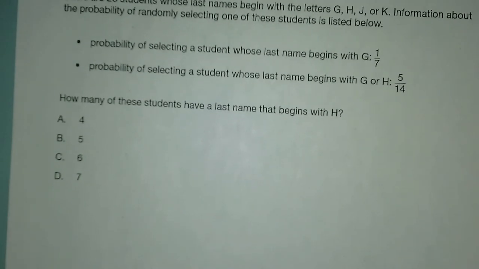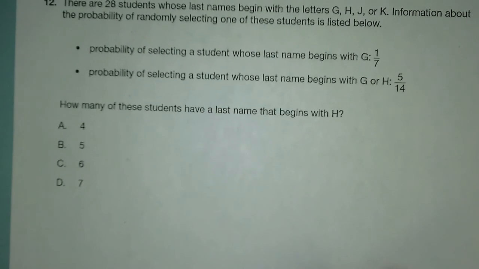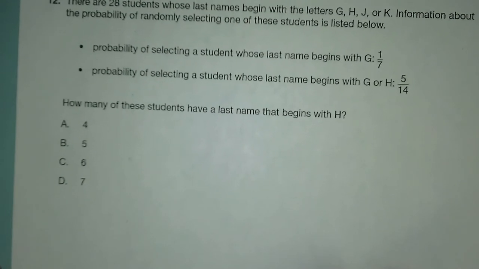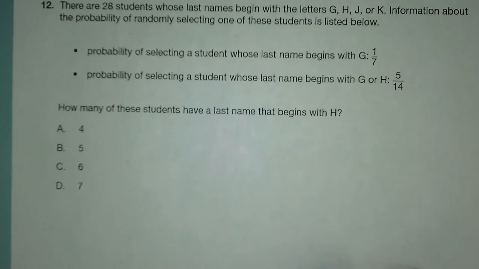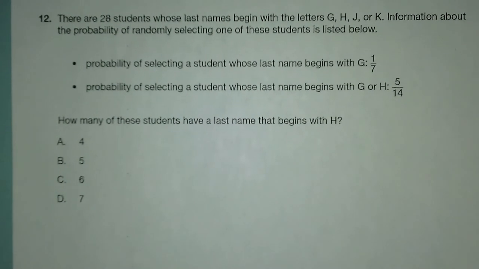Number 12. Finally. There are 28 students whose last names begin with the letters G, H, J, or K. Information about the probability of randomly selecting one of these 28 students is listed below.